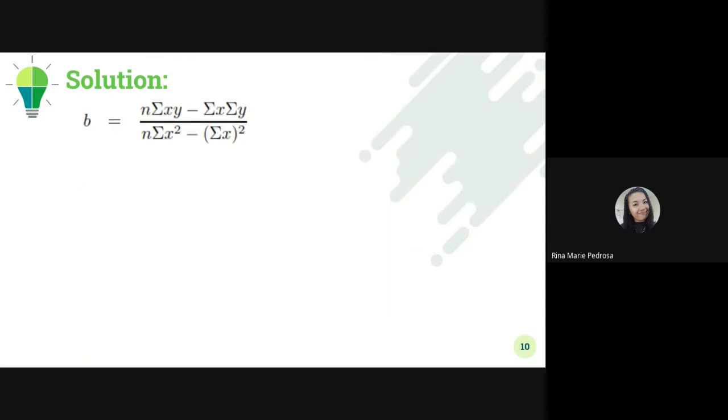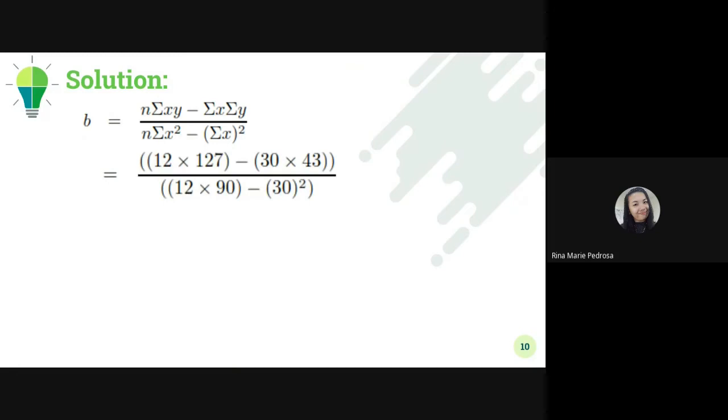So again, our b. Now we have the values for this one. Let's just substitute. So we have 12 times 127 minus 30 times 43 all over 12 times 90 minus 30 squared. So we have a value of 1.3. Now let's solve for the value of your a, which is equal to y mean minus b times x mean.